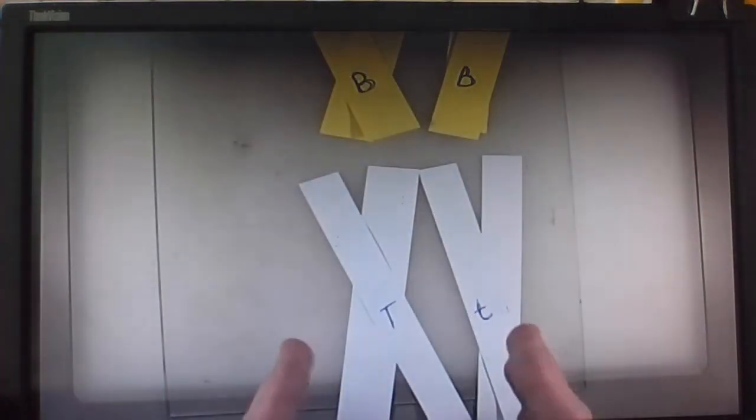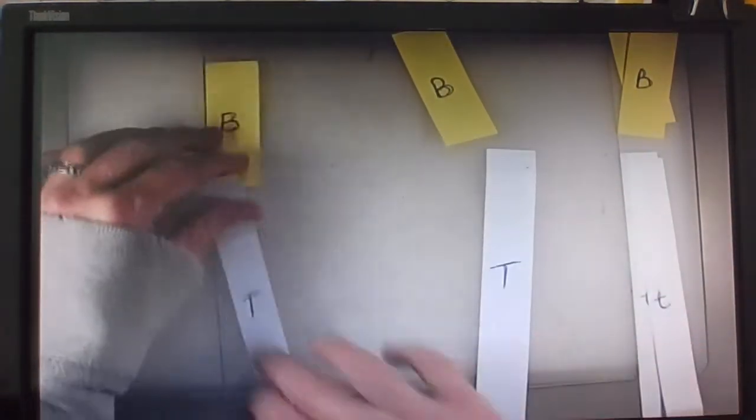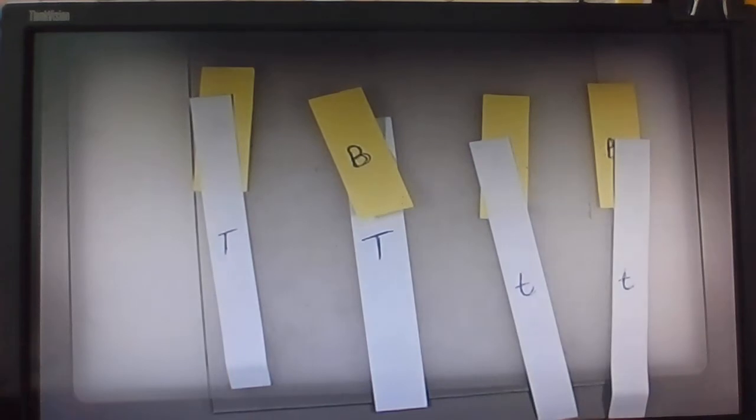So when I go through meiosis, in metaphase 1, my homologous pairs line up. Then they go to opposite sides of the cell. Then in meiosis 2, these guys line up and they get pulled in anaphase to opposite sides of the cell. So I could have one cell that has capital. This one's going to have capital. The same thing's going to happen to these. They're going to get pulled apart, capital, lowercase.